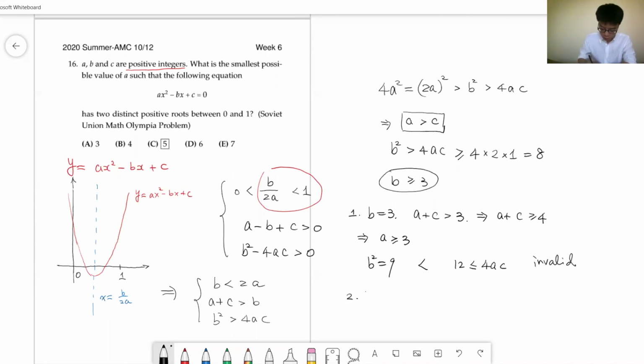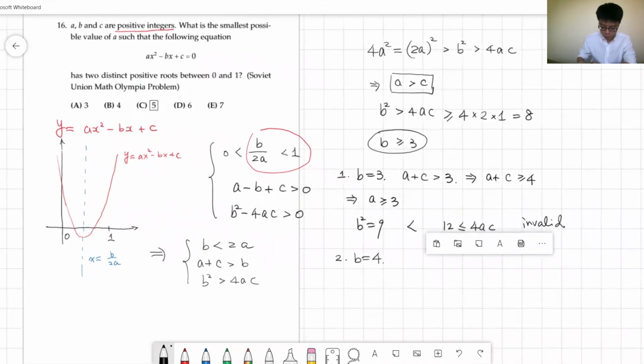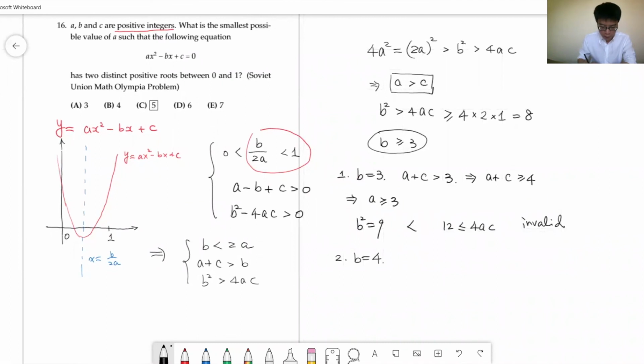So now let's say b equals 4. If b equals 4, we have that a plus c is larger than 4, and b squared is 16, larger than 4ac. Okay?